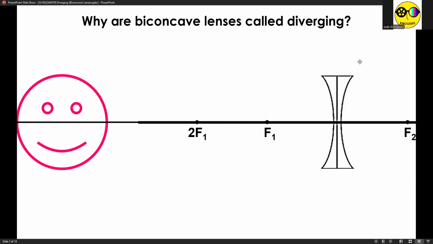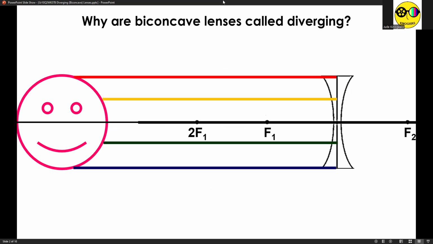Okay. So before we have our ray diagrams, I always ask you why certain lenses possess a certain property. So why are biconcave lenses called diverging? For the fourth time, we use our object smiley, which is placed infinitely away from the lens.